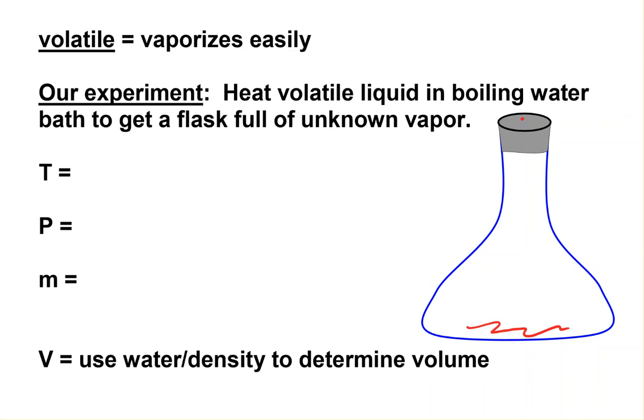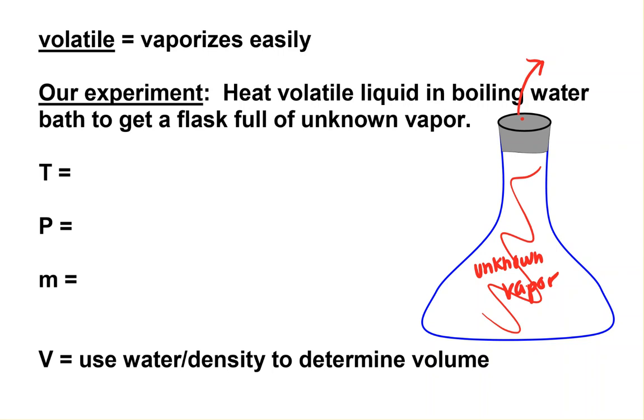When we dunk it into boiling water, the unknown will vaporize and fill the flask. There'll be extra, so through this little hole, first, of course, air will come out, but then also some of the unknown will leave as well.